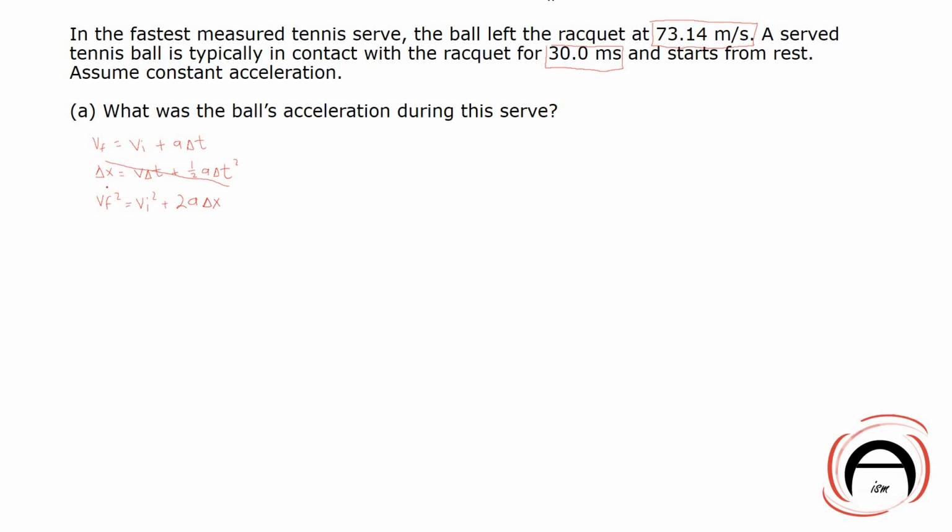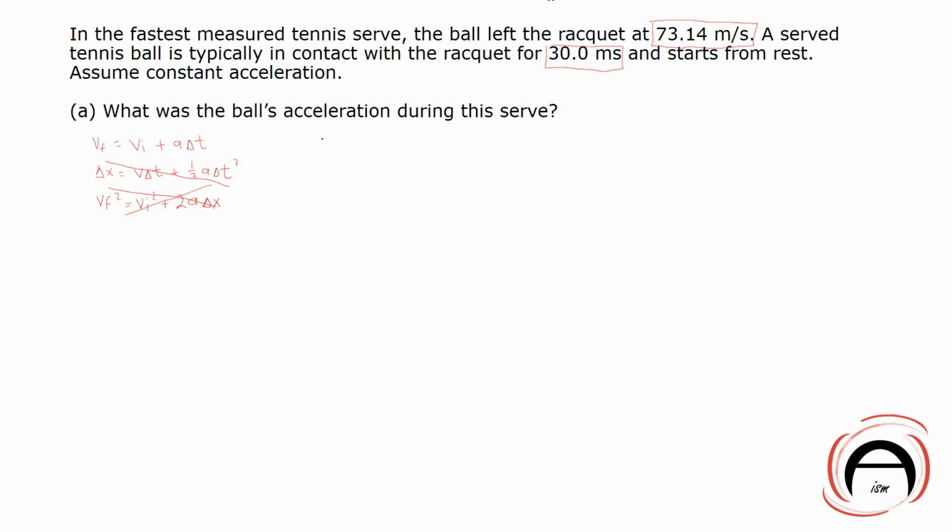We know for sure that we can't use our third equation because it doesn't have a time component. Since we're given a final velocity and a time, we're going to use this first constant acceleration kinematic equation.